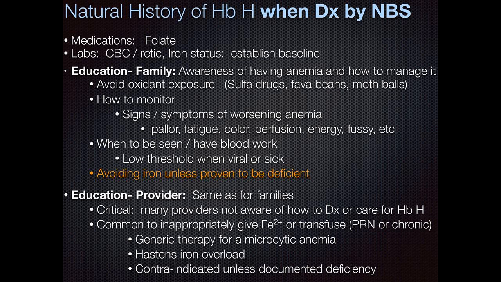It's about families learning when to be seen and having blood work done. Because if they notice these things, it's important to have blood work done to see if you're more anemic than usual. And it's about avoiding iron unless you're proven to be deficient, not to give it just because you have anemia.